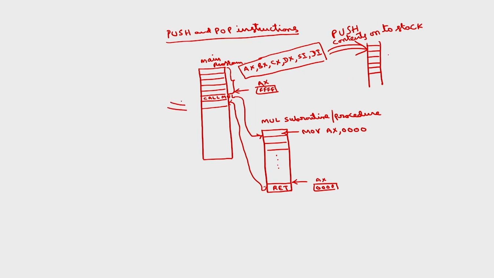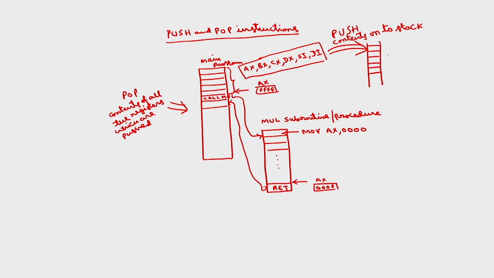You have to pop all the contents from the same stack, all the registers which were pushed, so that the contents of this, whatever the contents, this FF, will be restored again. So, this is the process of stack operation.